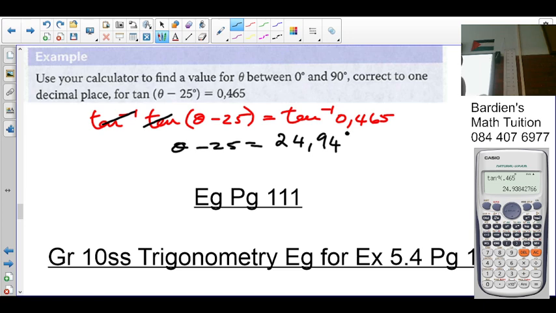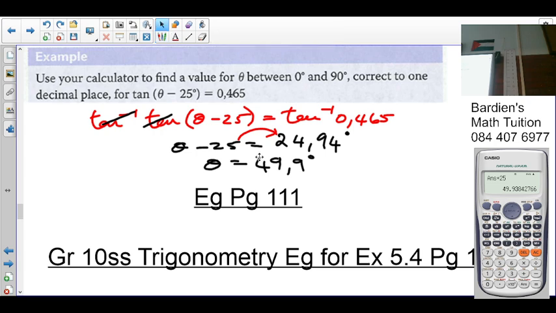So what do I do now? Take the 25 over the equal sign. So theta is equal to, let's say plus 25, 49,9 degrees.